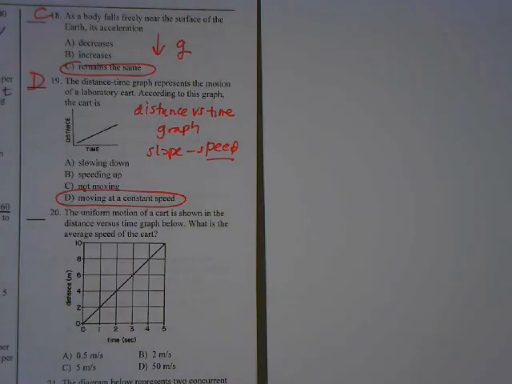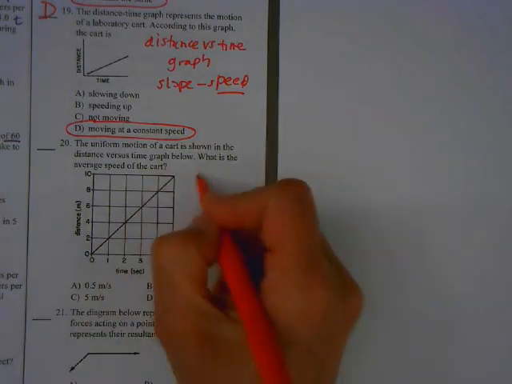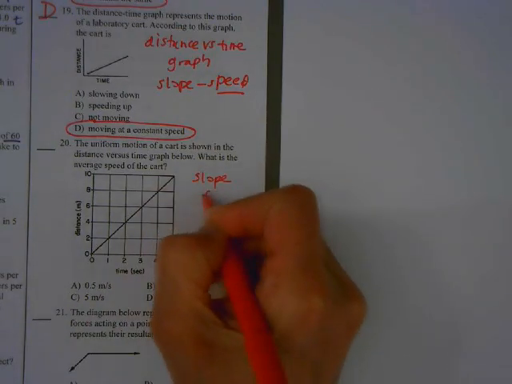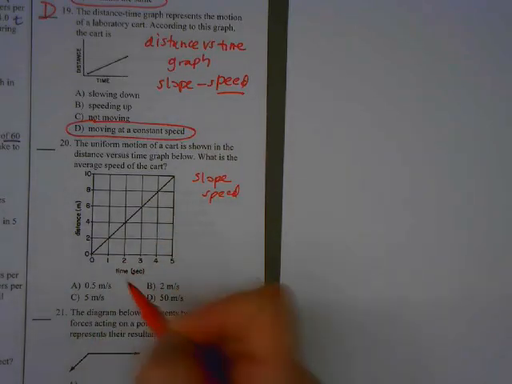All right, number 20. The uniform motion of the cart is shown in the distance versus time graph below. What is the average speed? So again, what is the physics I need to know? That the slope is the speed because this is a distance versus time graph. So what is the average speed?